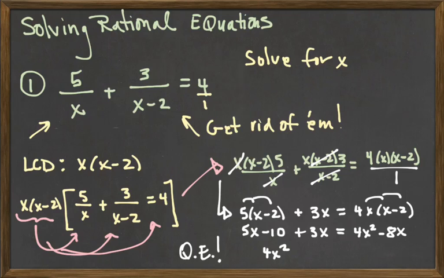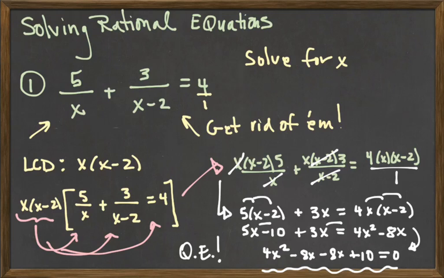So 4x squared minus 8x, as I moved the 3x over and the 5x over, plus 10 equals 0. So if you need to, take a minute, hit pause, and see if you agree with how I got to my bottom line from the line above.